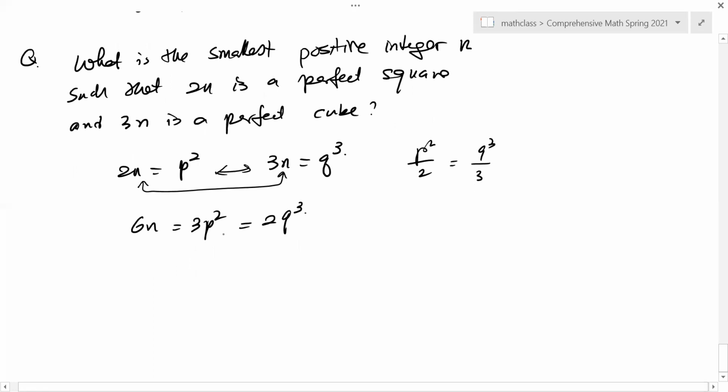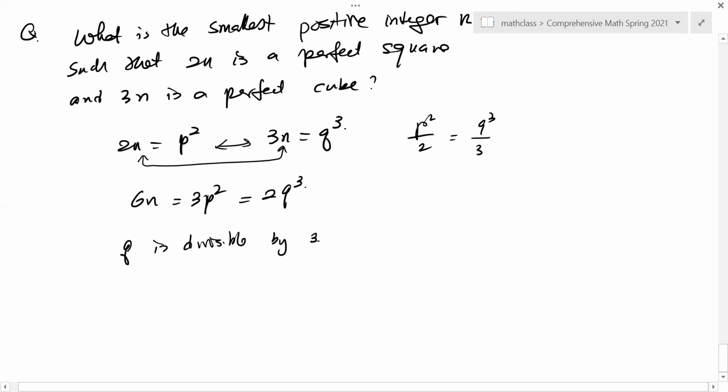All right, so from here, what can you tell? Well, you can tell that q is divisible by 3, and p is divisible by 2, because 3p squared is divisible by 2, since on the right hand side it is 2 times some integer.